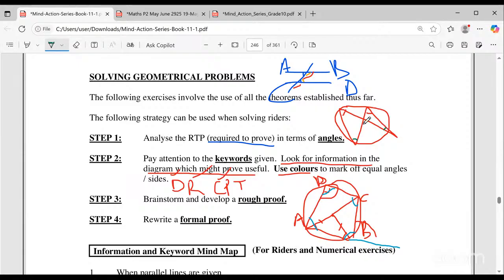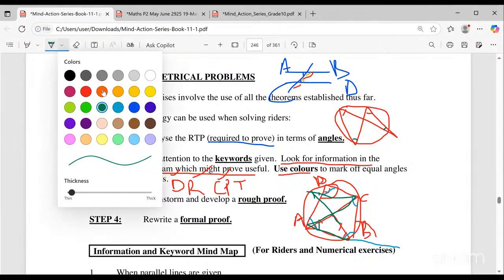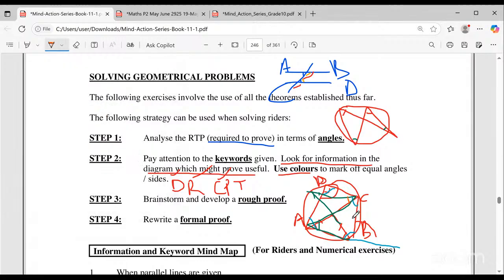Then this is the family of a cyclic quad. So you can also look for it here if maybe you are given some bow tie shape, something like this, and then you can work some angles out. Then you note that this angle will be equal to that angle, and the same applies with the other one of the bow tie on the other side. And then you are done with the cyclic quad.